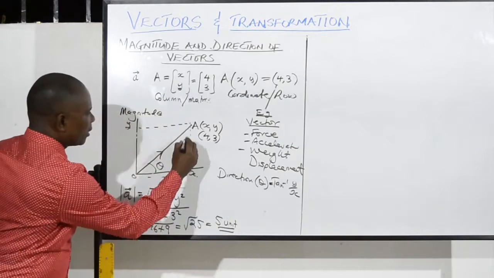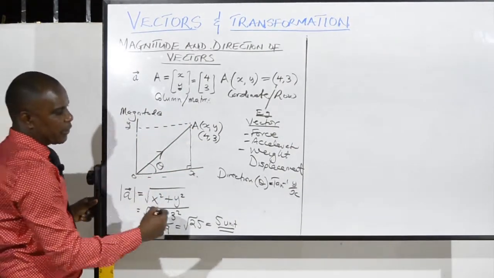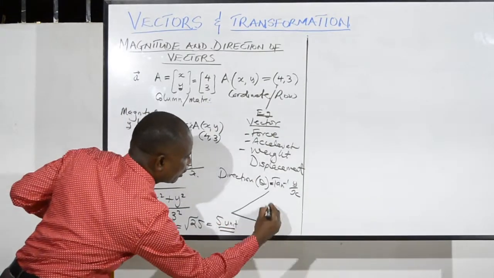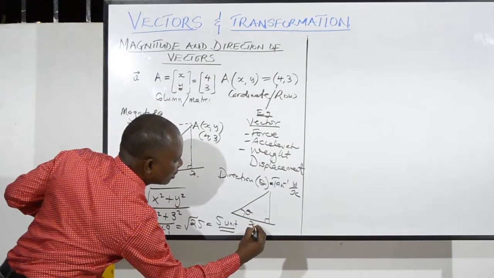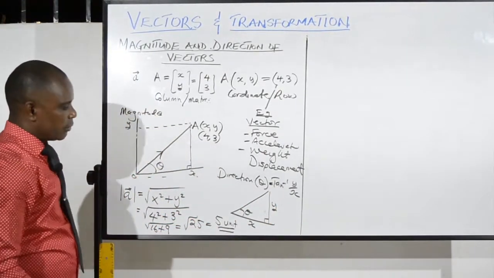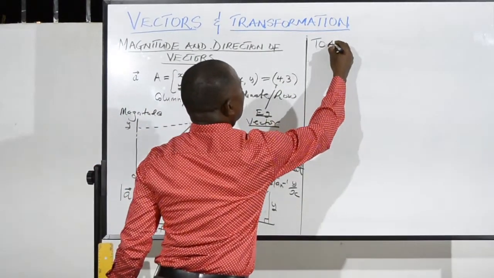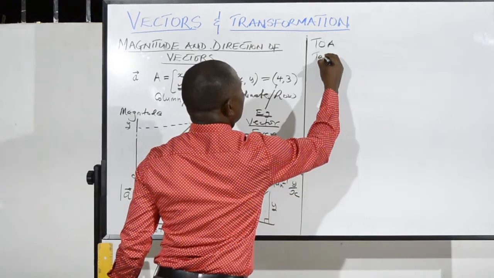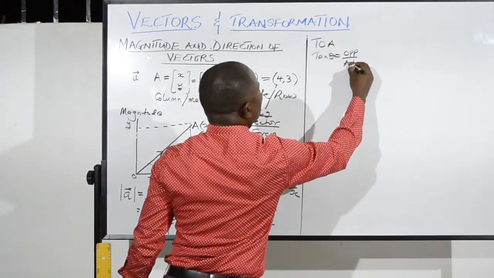Because if you want to find this angle here, this is always forming a right-angle triangle. Let's say here this becomes theta, and the sides are x and y. So tan theta is equal to the opposite over the adjacent.